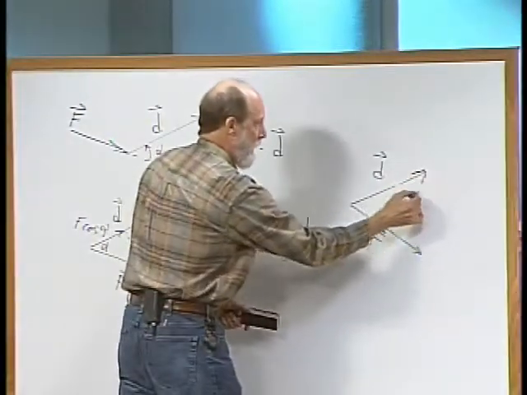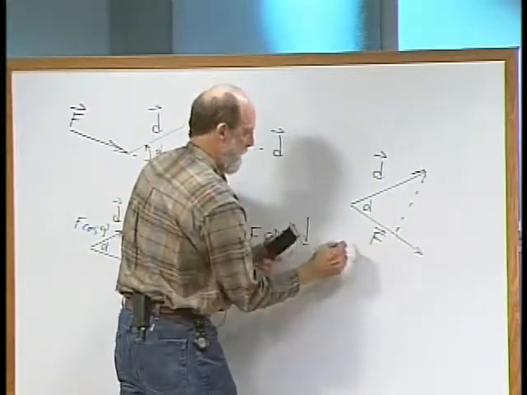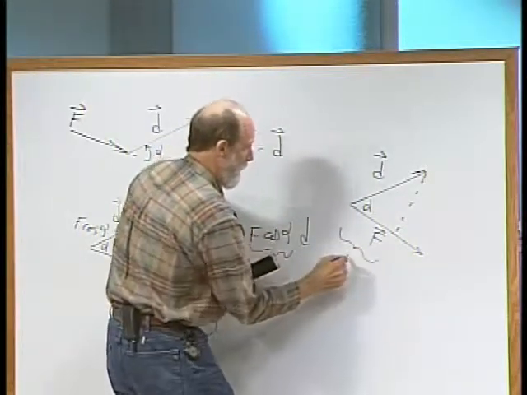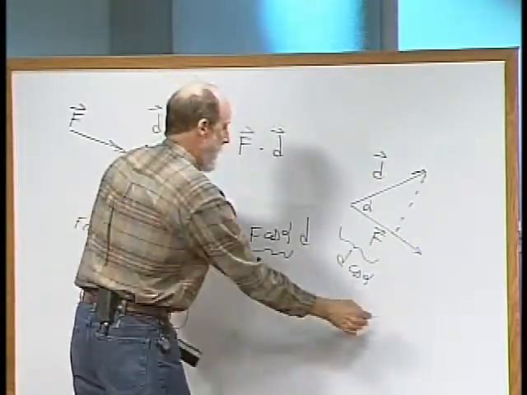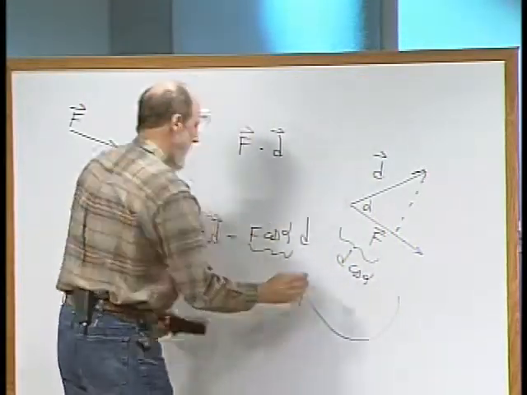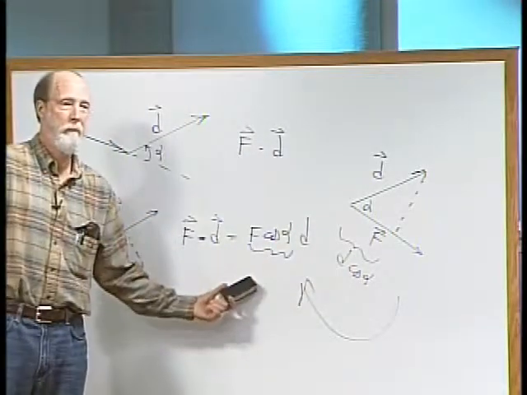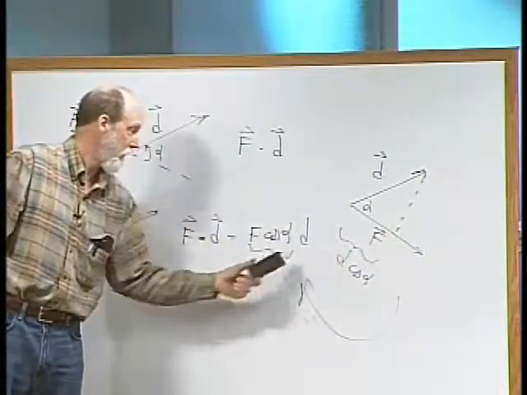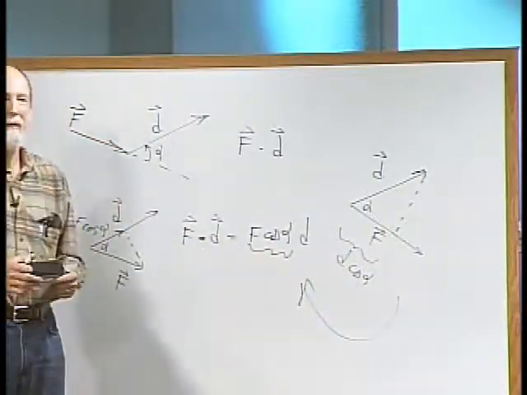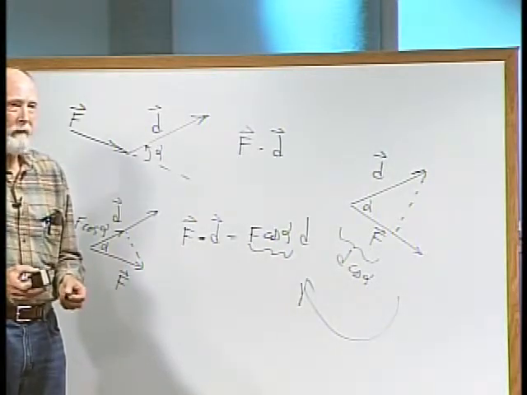I can take the amount of D that's in the direction of F, that's D cosine alpha, and the dot product is still going to be the same. It'll be D cosine alpha times the magnitude of F, all of the force. Okay?